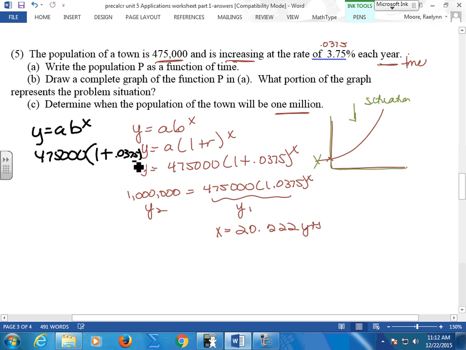Remember to put them in decimal form. There's your equation. And your complete graph, since you're increasing, came like this. That's why these guys never start at the 0, because you're starting with something here. This is my situation.